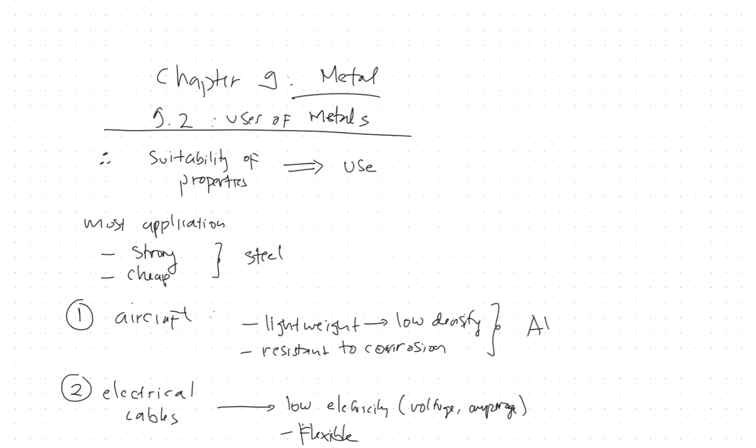So the price is not really a concern here. It is better to have something that is more expensive, but flexible in this case. Flexible here also means they're going to be ductile.